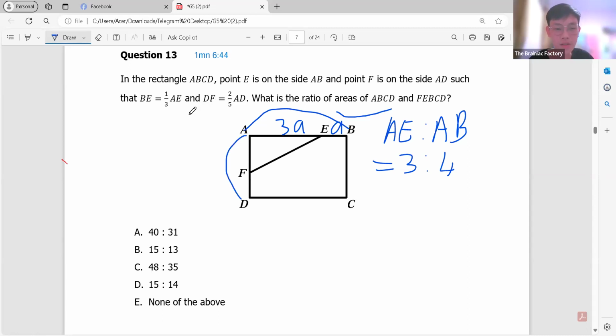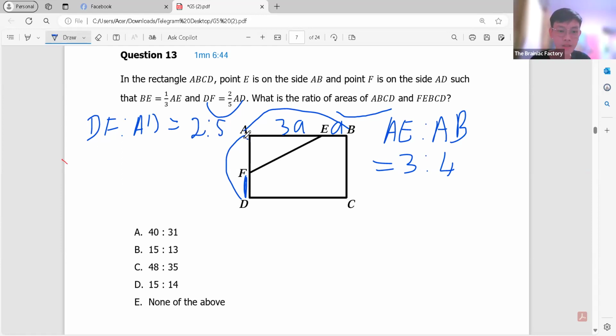And this one, we already have the proportions of AD and F, which is 2/5.